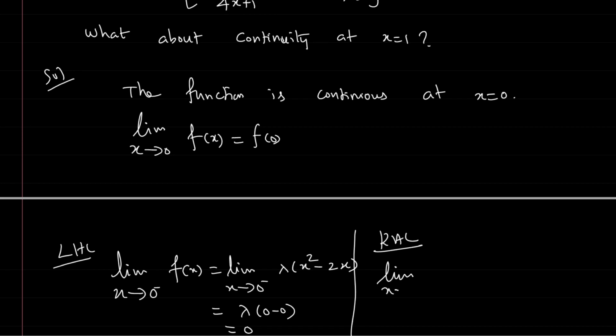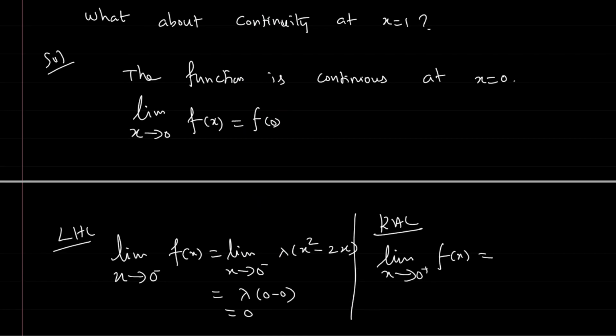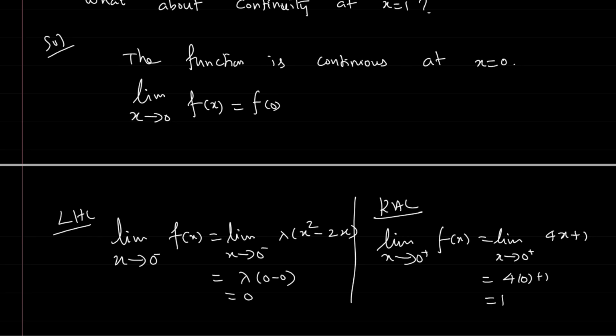For a value slightly greater than 0, the function value is 4x plus 1. When you replace x by 0, you will get 4 times 0 plus 1, which is equal to 1.